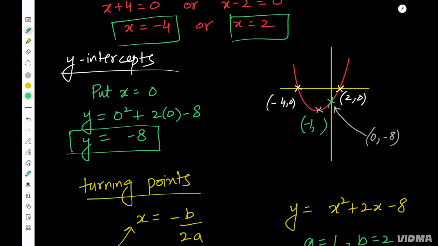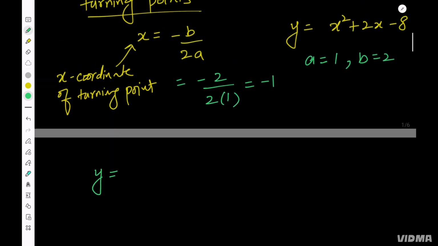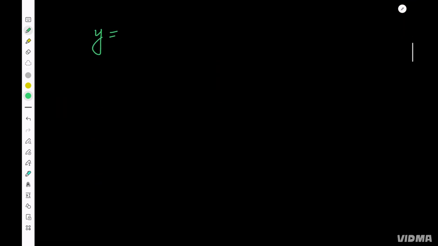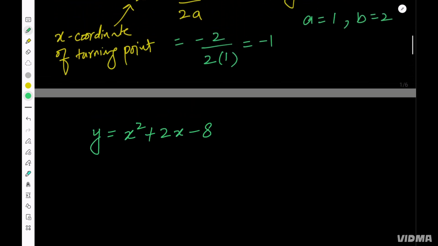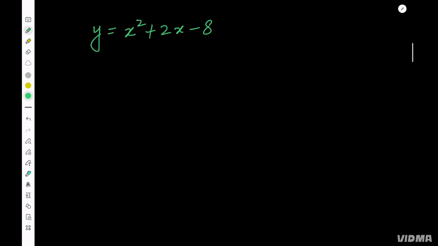Now we need to find the y coordinate. In order to find it, we just need to substitute our x coordinate in the original equation. Our equation was y equals x² plus 2x minus 8. What are we supposed to do? We are supposed to put the value minus 1 into the original equation.